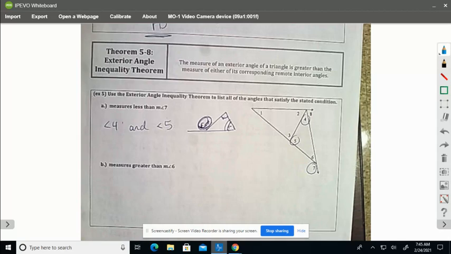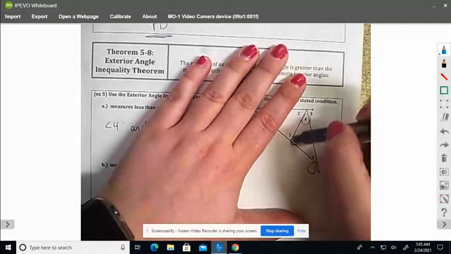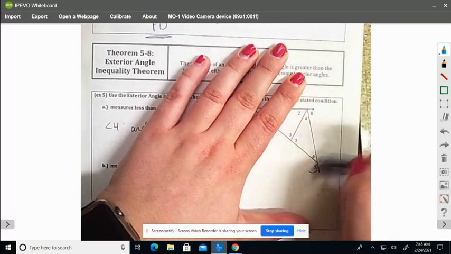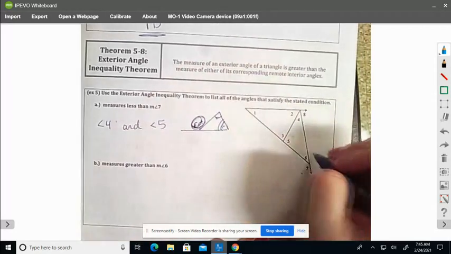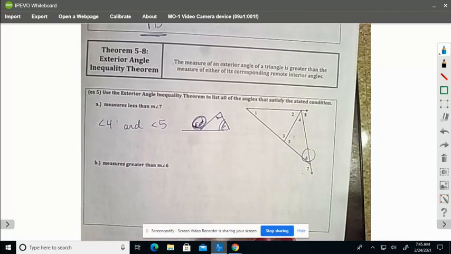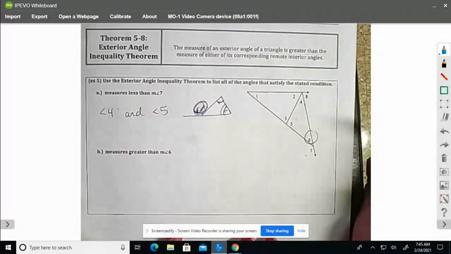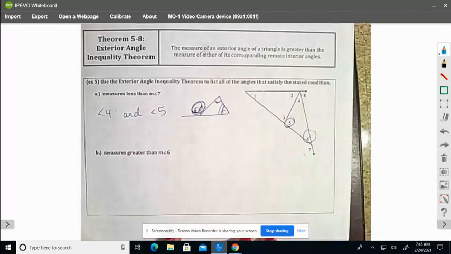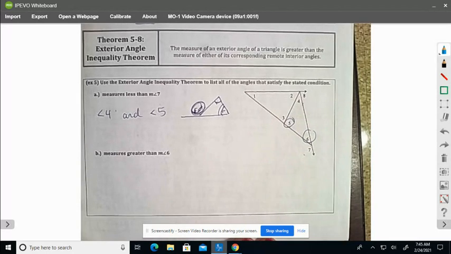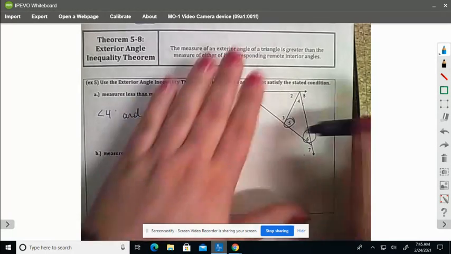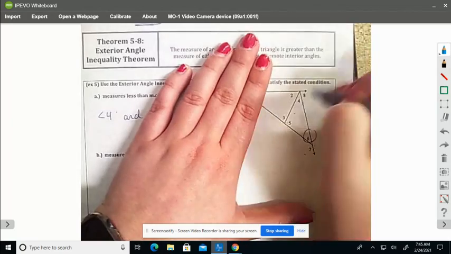What measures greater than angle 6? So angle 6 is right here. Angle 6 is a remote interior angle with angle 5. Okay. Actually, with angle 4.